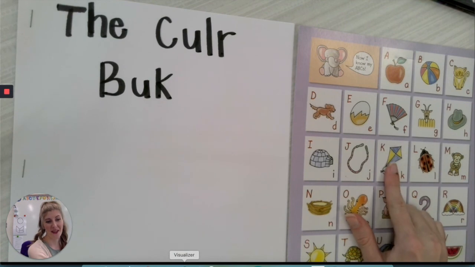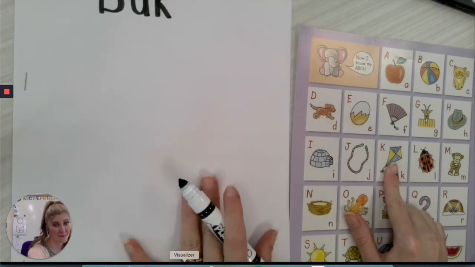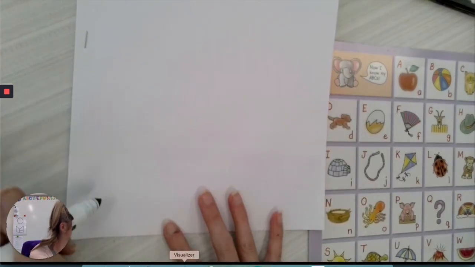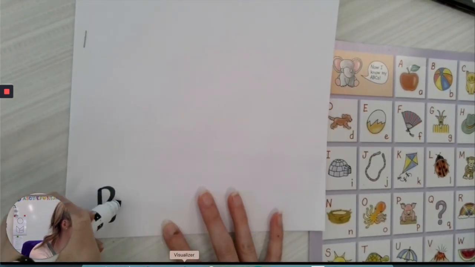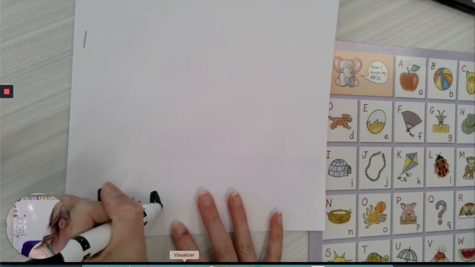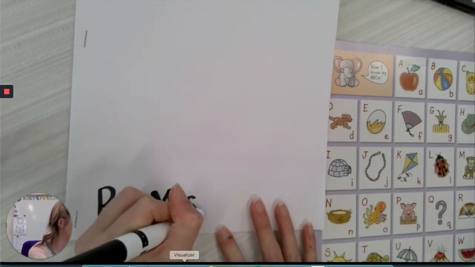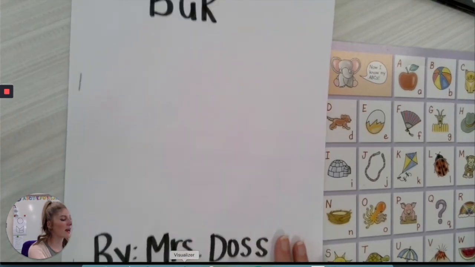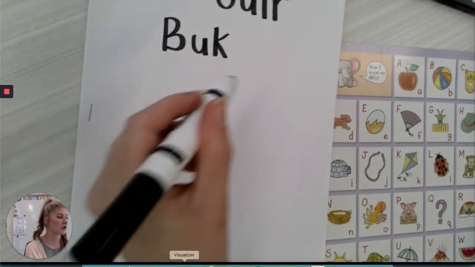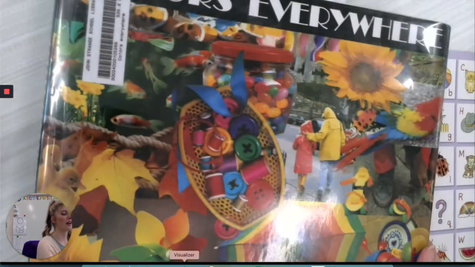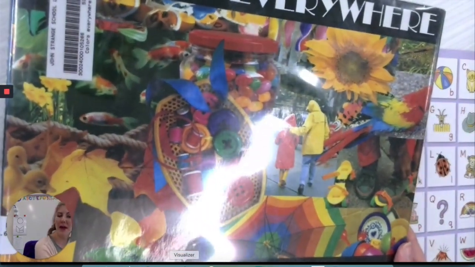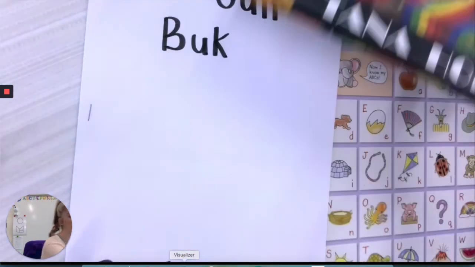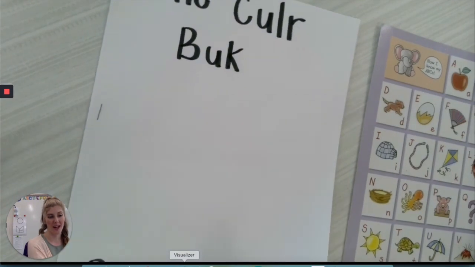Okay. I need to add my name at the bottom because I am the author of my book. By Mrs. Doss. Now, one thing that I want you to do with your book is draw a picture. Tana Hoban has so many different pictures, so maybe in your book you could add different things that you add in your pages. But to save us time, I want to go ahead and get started.